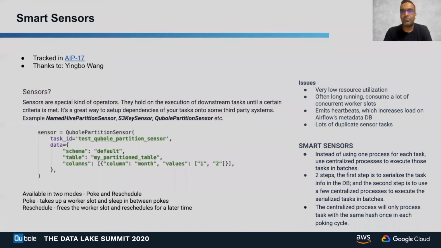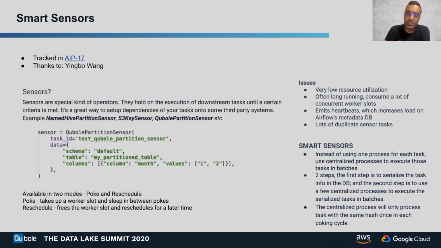Now, with the advent of smart sensors, which I think is already merged into master, rather than holding on to a worker thread, we don't use one process for each task, but kind of a centralized processing to execute these tasks in batches.